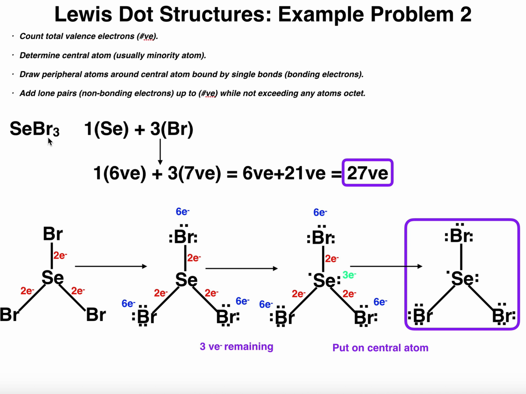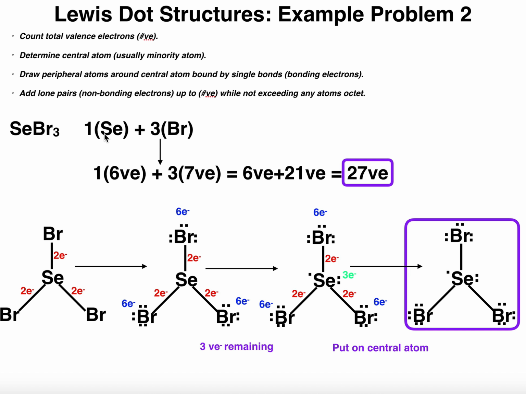So our compound in this example is selenium tribromide, SeBr3. And the first thing we want to do is count the total number of valence electrons in this compound. And again, the way I say to set it up initially for beginners is like a math problem such as this. Eventually you can move away from this once you get more proficient at it. But notice I have one selenium atom and 3 bromines.